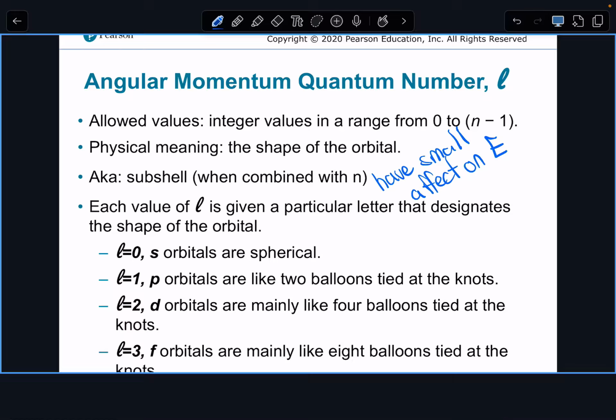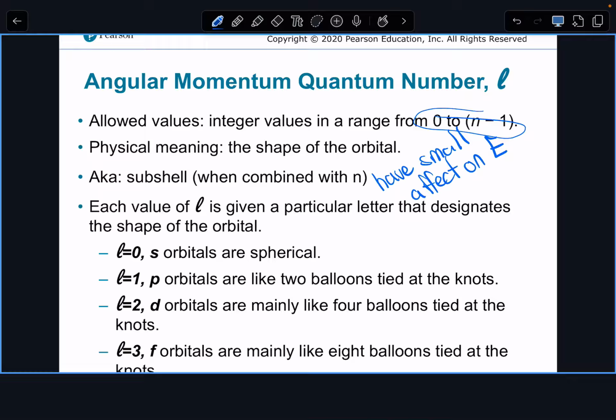Okay, the other thing we need to talk about is what are the possible values. So this says 0 to n minus 1. It means it's a range starting at 0 all the way up through 1 less than whatever the n value is. Let's do one of the higher ones right now.